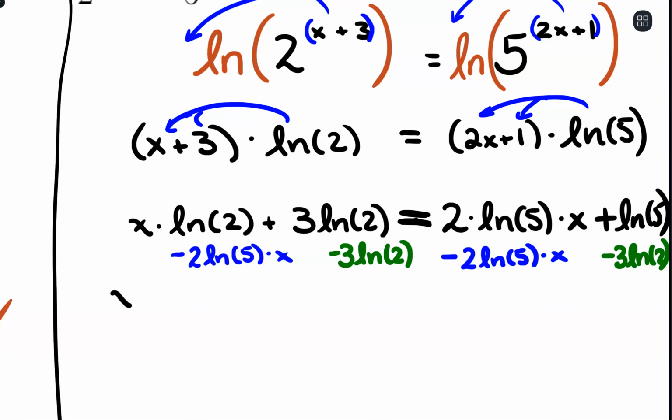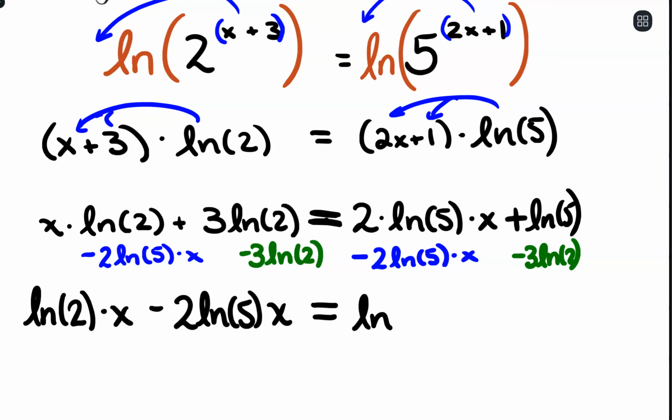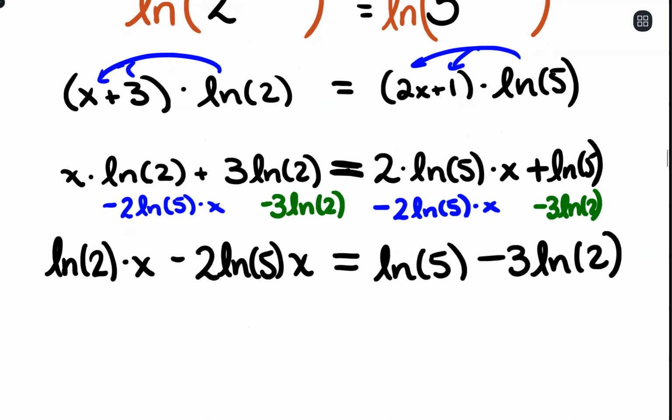So on the left-hand side of the equation, we're going to have natural log of 2 times x minus 2 times natural log of 5 times x, and then equals, and then over here we have natural log of 5 minus 3 times natural log of 2. All right, so we have everything with x on one side, everything else on the other.